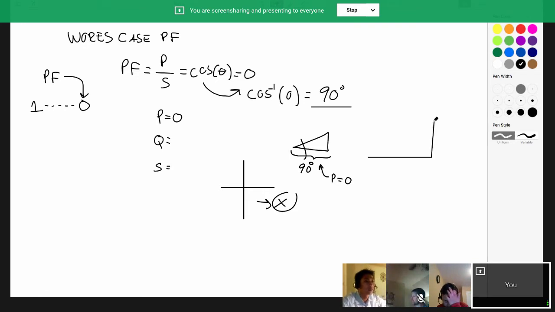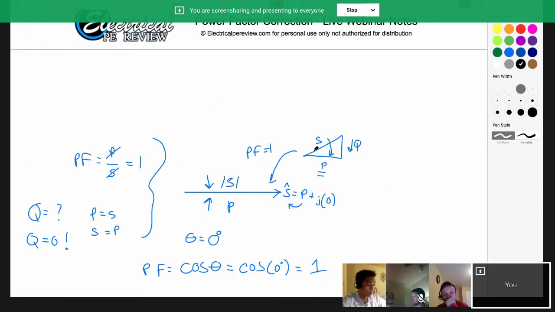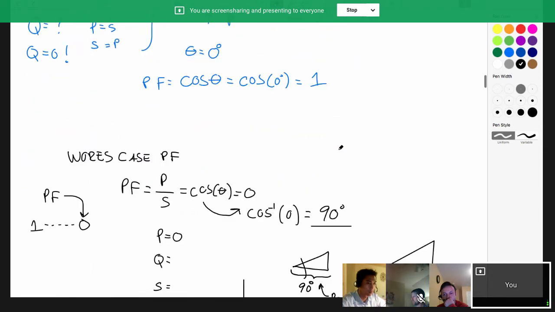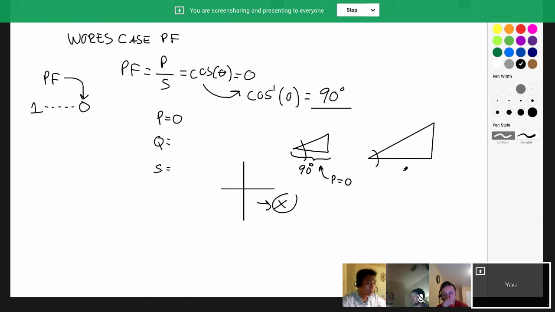So essentially this time around, all we're doing is, if we start out with what that basic power triangle looked like, before, you'll notice that S folded on top of P because Q went to 0. This time around, P is going to equal 0, right? And we're going to fold all the way up in this direction.